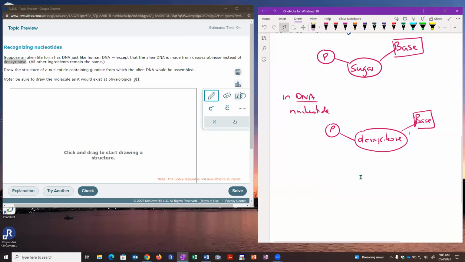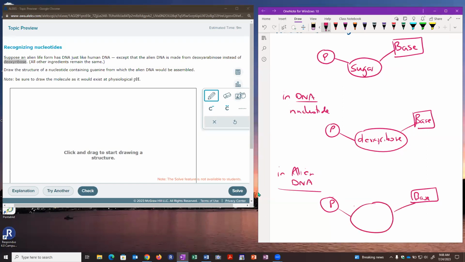So in this alien DNA, the nucleotide is going to have all the other components be the same. We have our phosphate, we have our base, but instead of deoxyribose, we're going to have deoxyarabinose. So we need to figure out what that structure is.